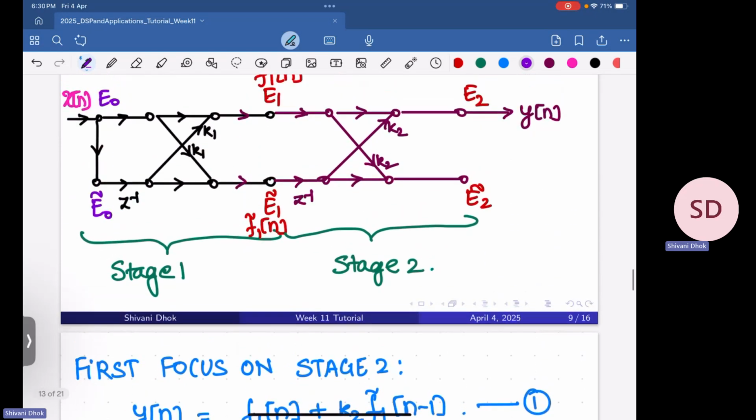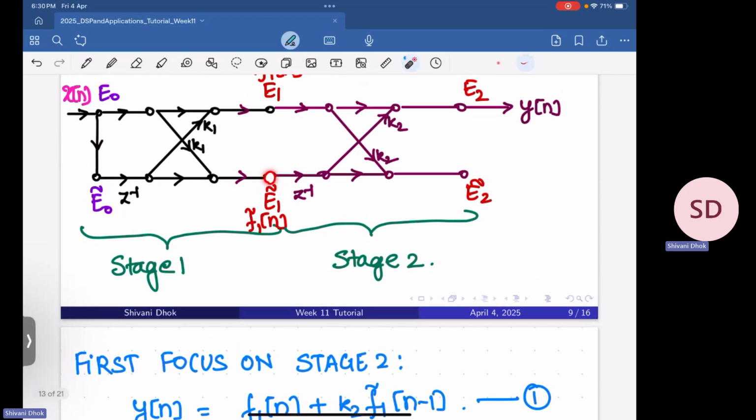Okay. In similar way, we have even f1 tilde here. So what do we have? We have this x of n coming here that gets scaled by k1. So here first we get k1 x of n. At the same time, we have x of n that gets delayed, that is x of n minus 1, as it is coming here. So what do we get? We have x of n minus 1 here plus x of n into k1.